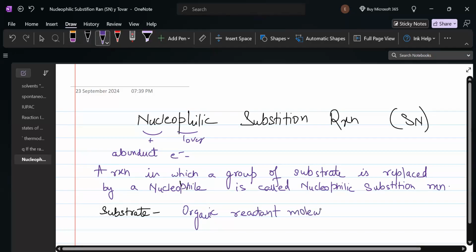This is the molecule on which the reaction will take place. It is represented by RX. What is R? R is an alkyl group and X is a halogen or any leaving group.